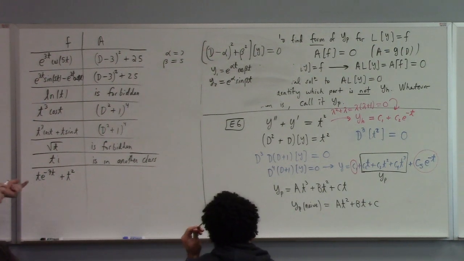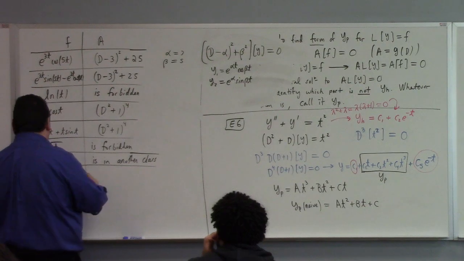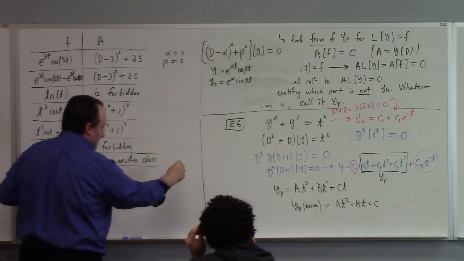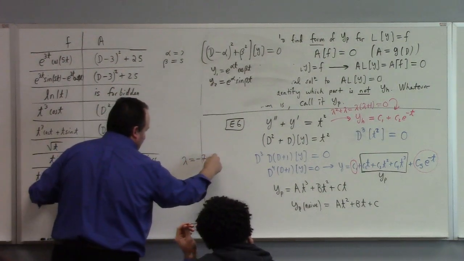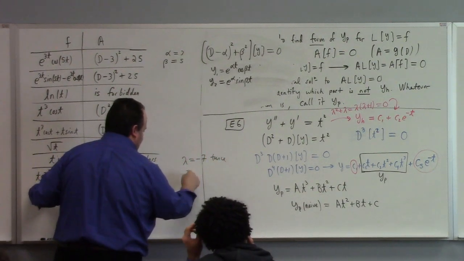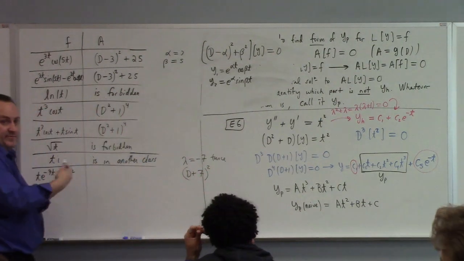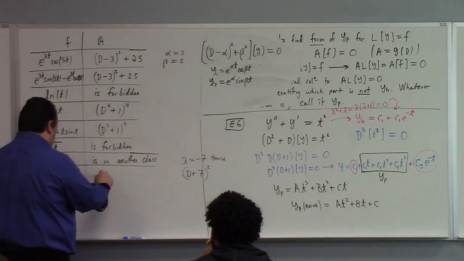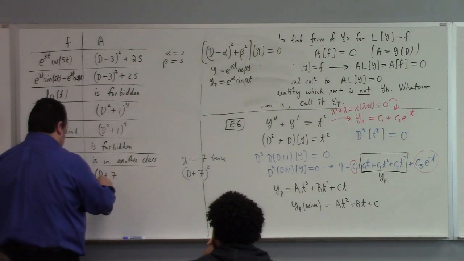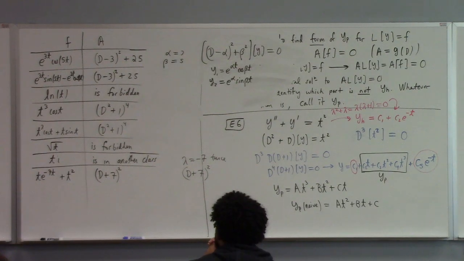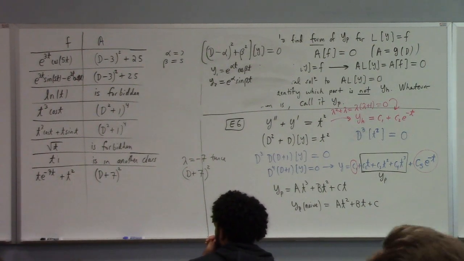To get the t e to the minus 7t, this comes from lambda equals minus 7, twice. In other words, it would have come from a (D plus 7) squared type differential equation. So I'll do (D plus 7) squared. That will annihilate the first term. Not plus D cubed, because it has to kill everything. So we have to multiply them, not add them.